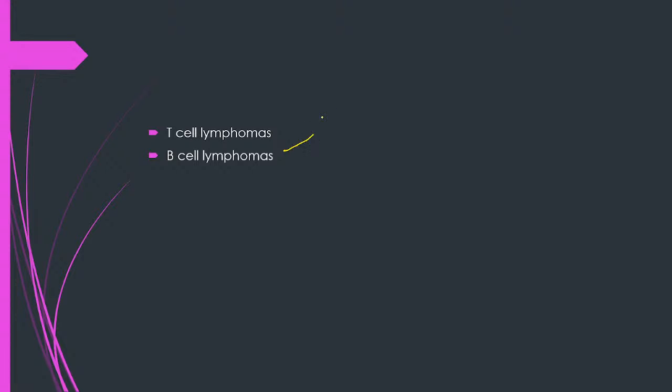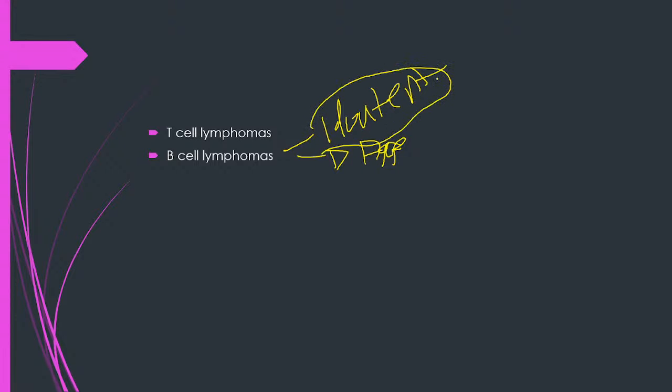For B cell lymphoma, we have the indolent type, and another one is the aggressive type. The indolent type is a little bit more chill, and it's slow acting. The aggressive type is a little bit stressed out.